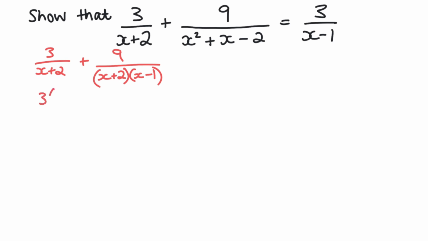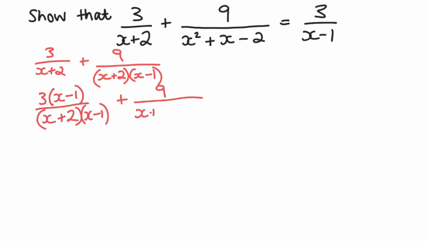So we've got 3 times x minus 1 divided by x plus 2 times x minus 1, added together with 9 divided by x plus 2 times x minus 1. So now the numbers at the bottoms of the fractions are the same, we can add them together.